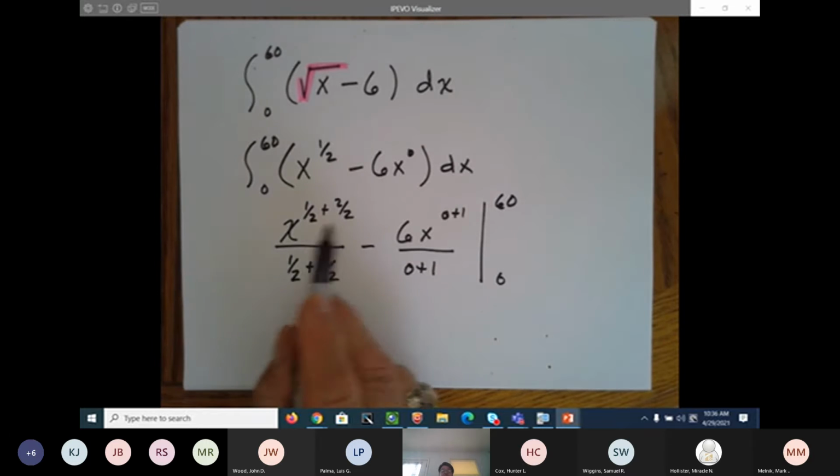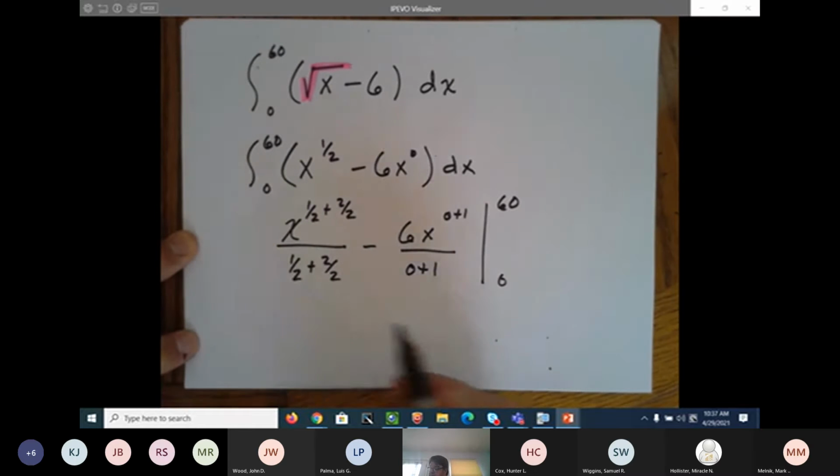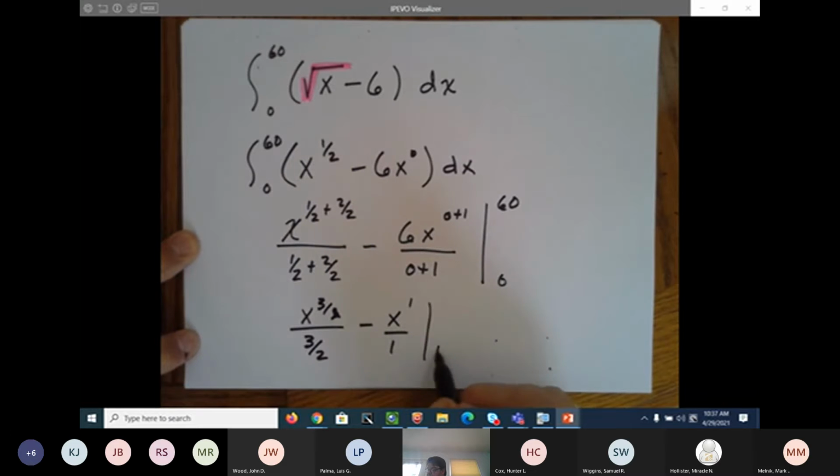Now I put that step in there for those of you that are scared to death of fractions and still a little bit rusty on integration. So there you go. This is going to give me x to the 3/2 over 3/2 minus 6x to the 1 over 1.